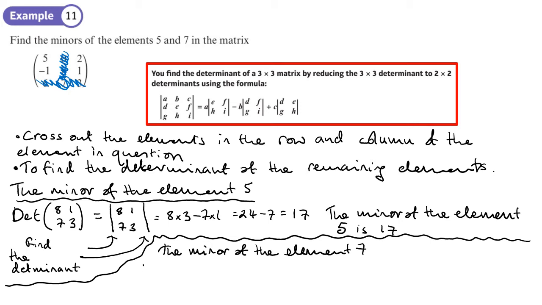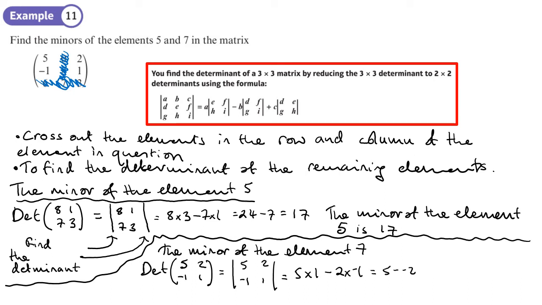So basically now what I'm doing is finding the determinant of those 4 elements, which is 5, 2, negative 1, 1. Don't change their positions, which we can write as this, 2 bars, negative 1, 1, like this. And that's going to be 5 times 1 minus 2 times negative 1. So that's going to be 5 minus negative 2, which is going to be 7.